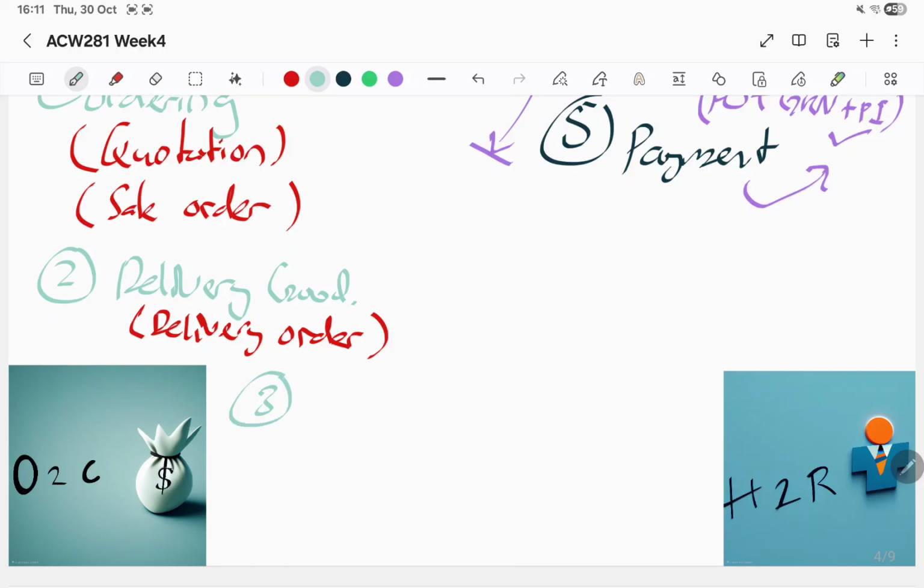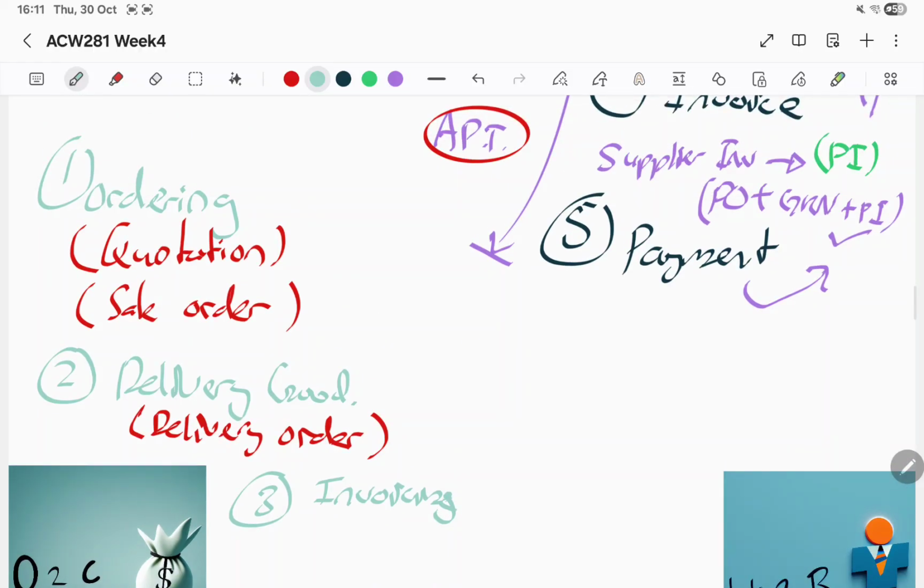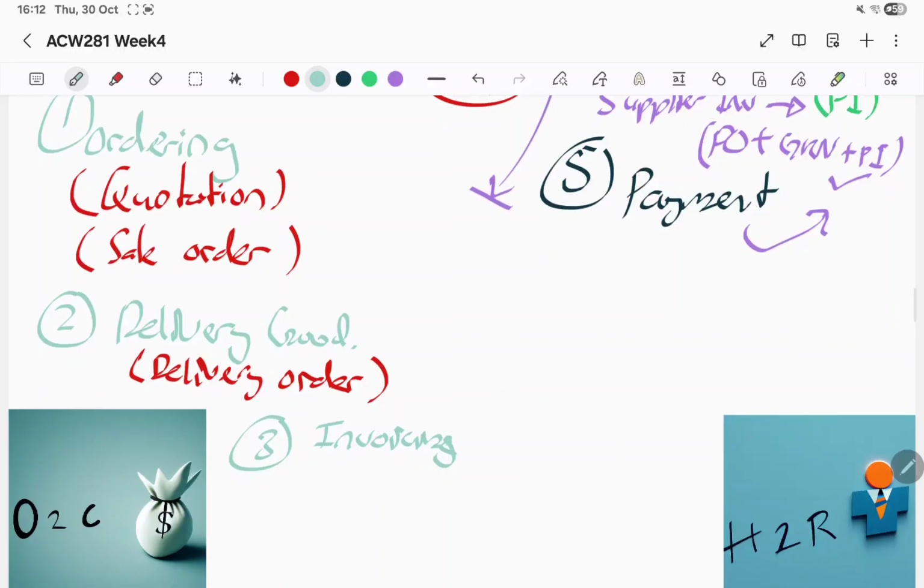Then number 3, after you deliver the goods, you as the owner, what you do is you will start the invoicing. But I forgot to tell you one thing over here, right? Can you tell me what I forgot to tell you before we reach this stage?